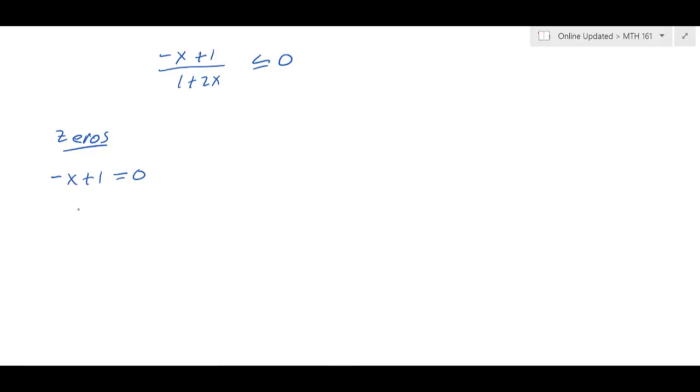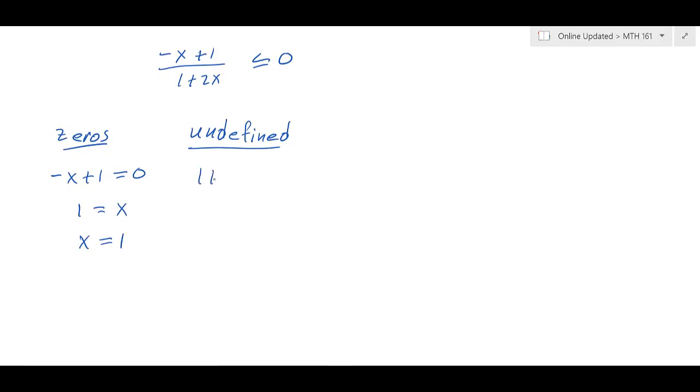And if I move the x over, we get 1 equals x, so that means the zero is x equals 1. And then we need to identify where this is going to be undefined. Well, we're going to take the denominator and set that equal to 0. So 2x is equal to negative 1, divided by 2, we get a negative 1/2. So we have a zero of 1 and we have x equals negative 1/2.